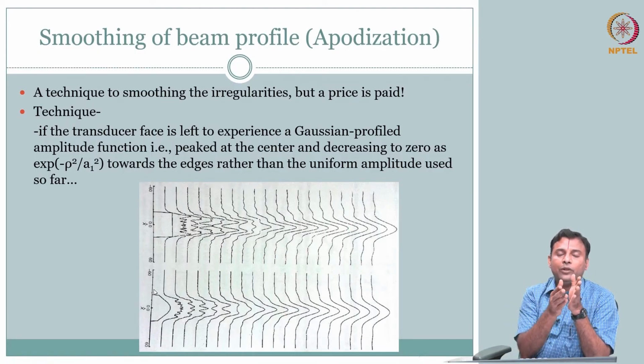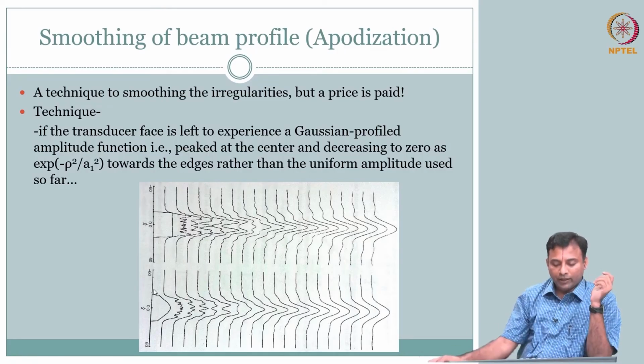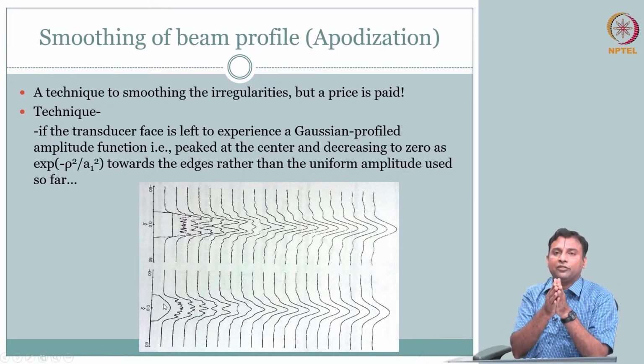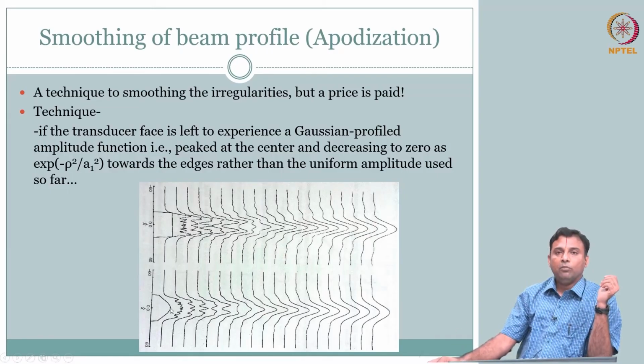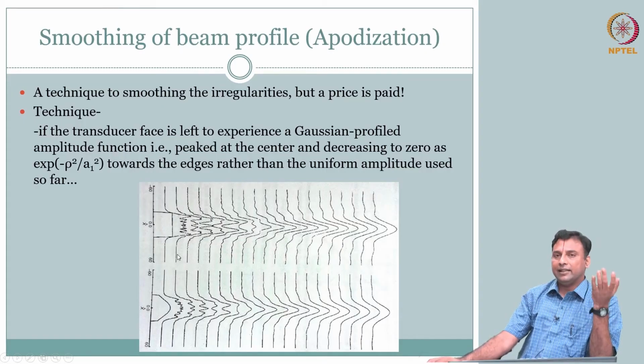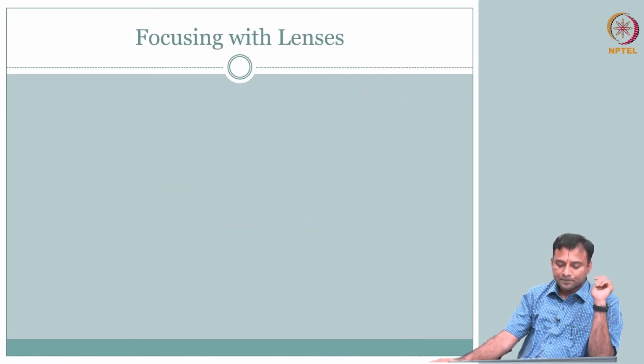So that's an easy one to visualize, at least for you. So you can come up with some material on the front face of the transducer, where it will preferentially allow more from the center. Then you are going to smooth this out. If you smooth this out, you notice the profiles are a lot smoother here than here. So this is a technique which we call apodization. Okay, this is very similar to the windowing that you would have studied. It's just the jargon is slightly different because the context is different.